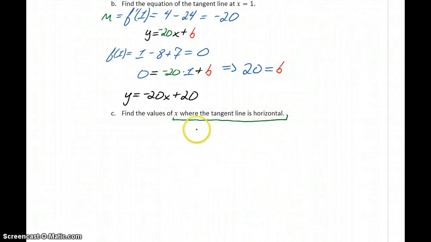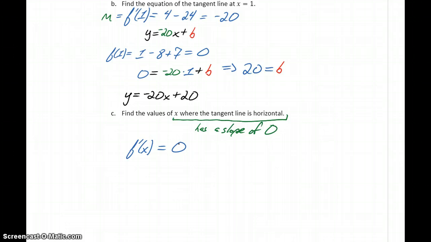If our tangent line is horizontal, that means our tangent line has a slope of 0. So to figure out where our tangent line has a slope of 0, we want to find where our function has a rate of change equal to 0. So we're going to take the derivative function and set that equal to 0.